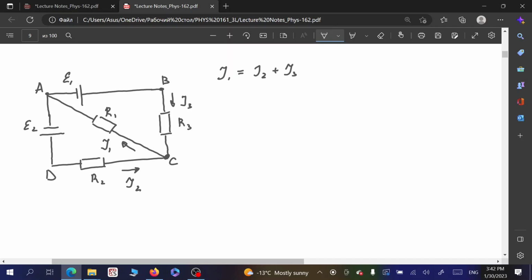So in order to get them, let us consider the loop rule, and let us apply it first to loop A, B, C, D. And when you apply the loop rule, you need to define the path. So it's either clockwise or counterclockwise.